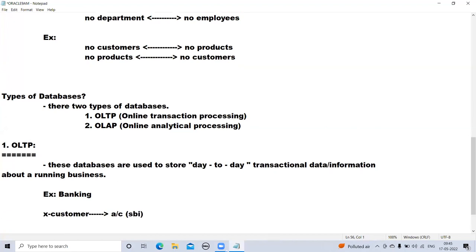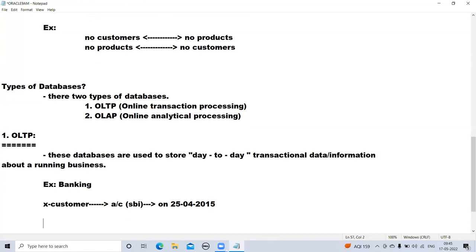So this customer was going to open a new account, for example on 25-04-2015. So the X customer's account was opened on the day of 25th April 2015.